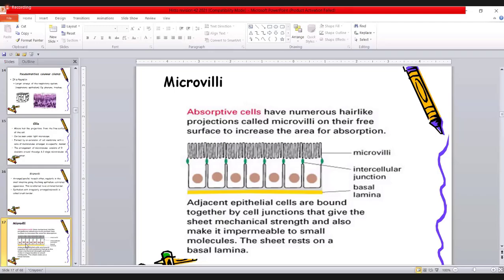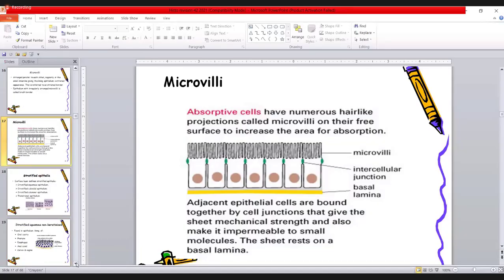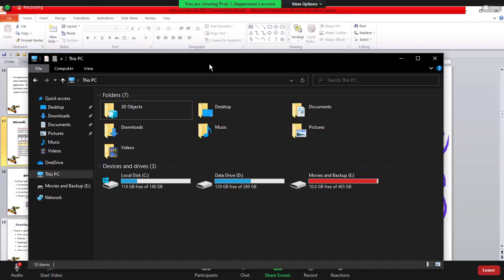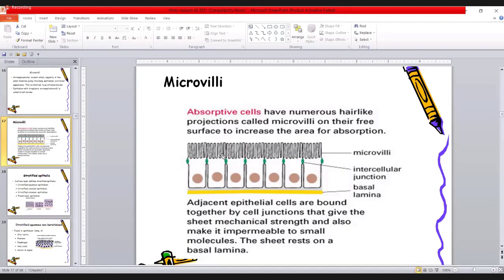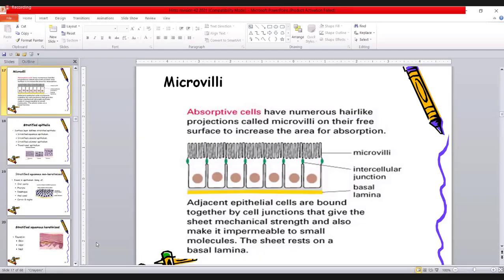What is the purpose of having microvilli? Increase the surface area for absorption. Good. Then, okay, quickly list the types of stratified epithelia. Now, all this is about simple epithelia. What are the types of stratified epithelia?